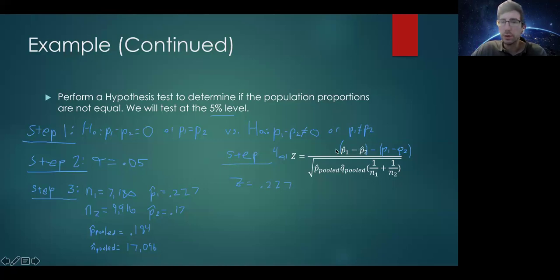You might be wondering, why do we only have sample statistics up here? Usually we take one sample statistic and subtract from it the population proportion or mean in our null hypothesis.